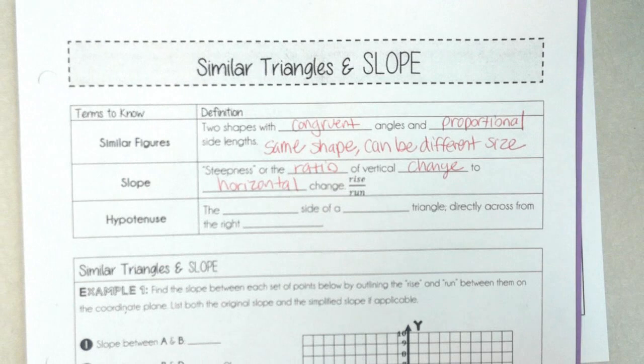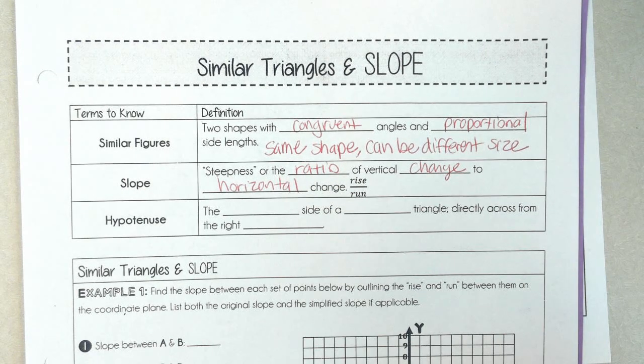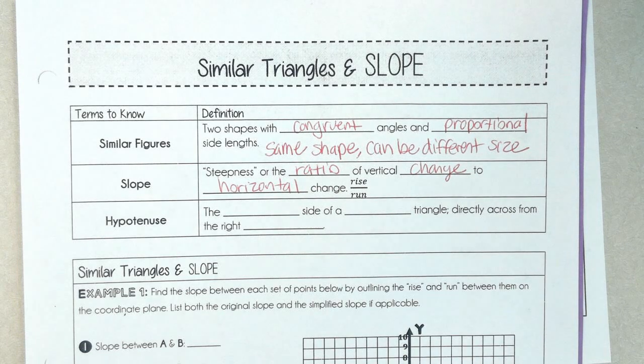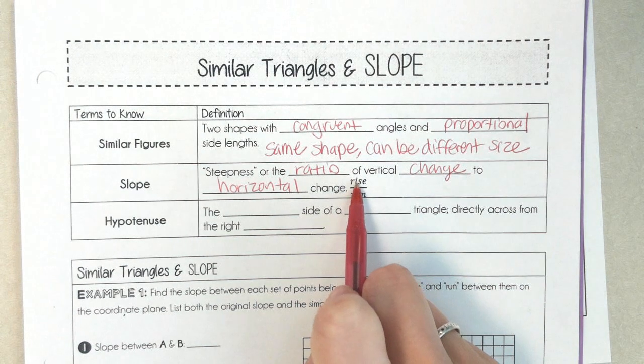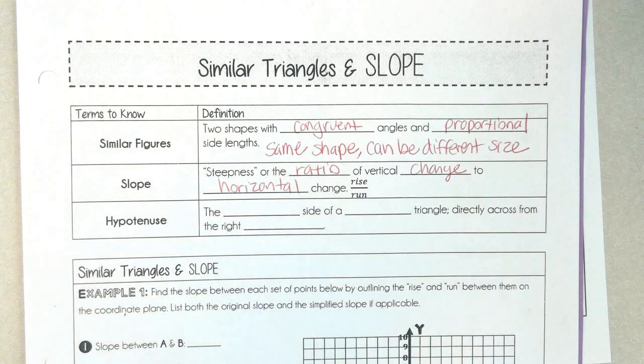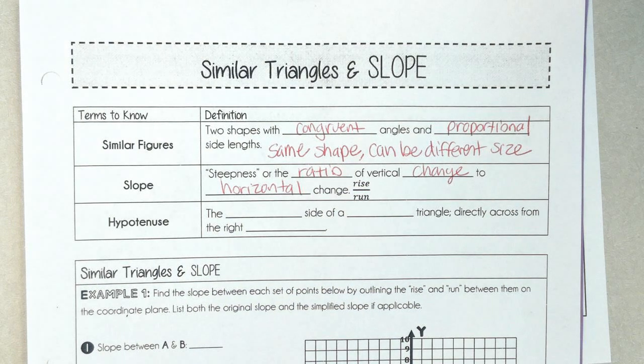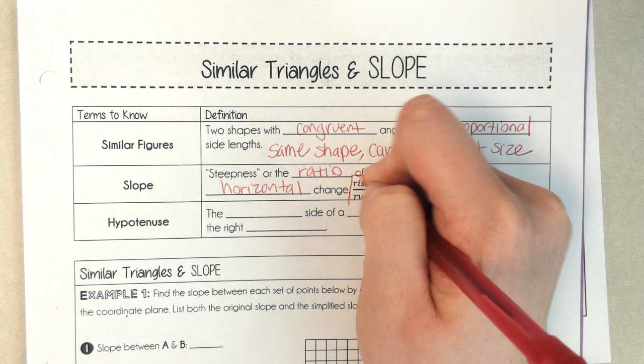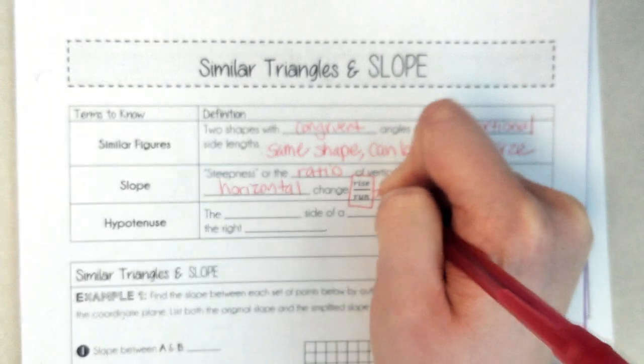It's the steepness of a line, and we look at it as the vertical change to the horizontal change. Can you show me which way vertical goes? Yeah, straight up and down. Guys, that is our rise when we talk straight up and down. So which way is horizontal? Exactly, that's our left and right. That is our run. I want you to box, star, do something.